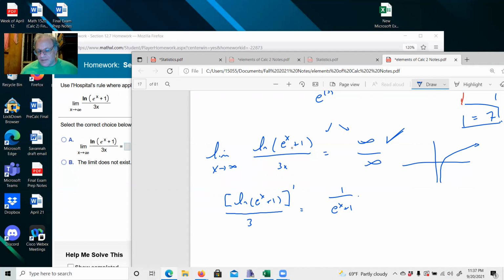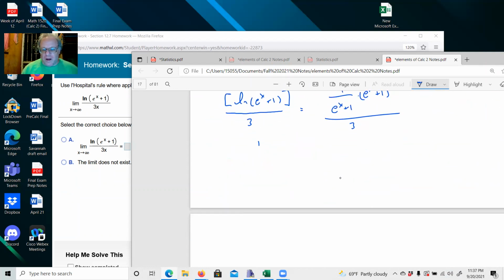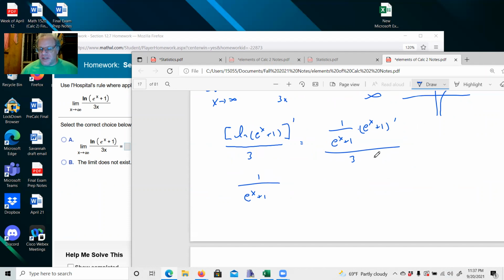So we have to take the derivative of e to the x plus 1 like that. Okay, so divided by 3. So this is going to be 1 over e to the x plus 1. Okay, and then what is the derivative of e to the x plus 1? It's e to the x, divided by 3. That looks delightful, doesn't it?